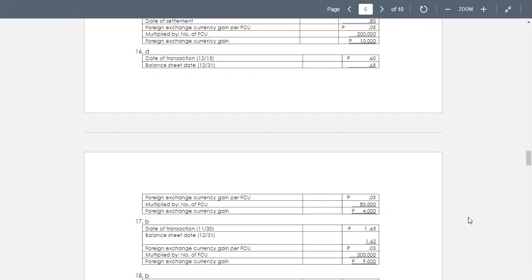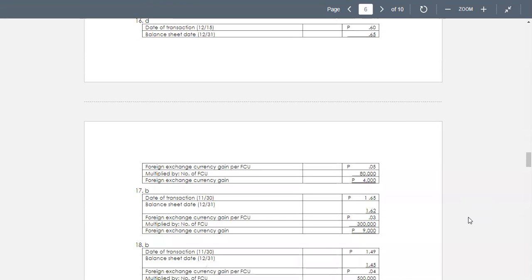So we have 1.65 minus 1.62, or the foreign exchange gain of 0.03 per FCU, and you multiply this by 300,000. So the answer to number 17 is B as in boy.